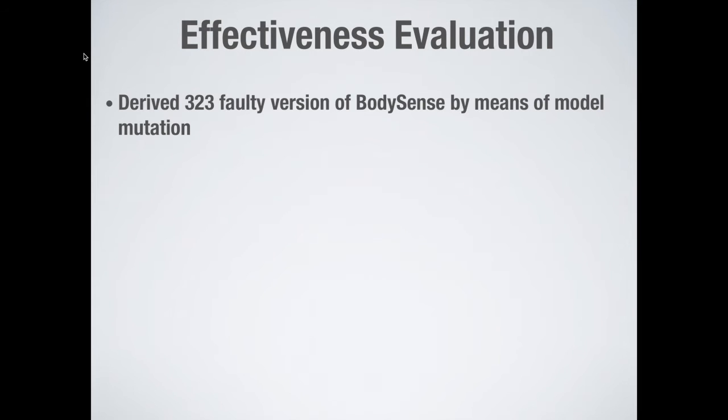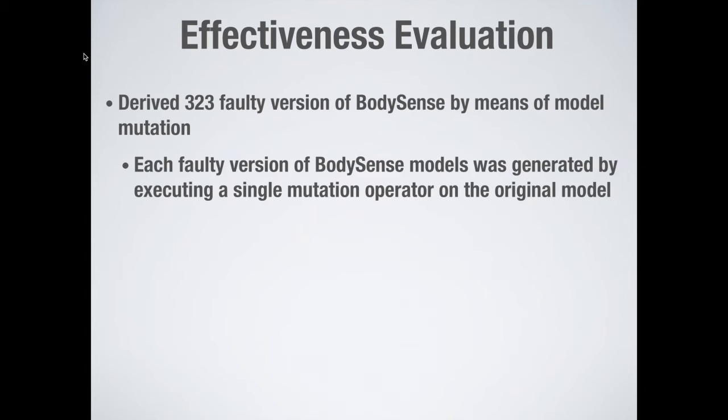In order to evaluate our approach, we first created a set of mutants, which represent the faulty versions of the system. Mutants are created by applying different mutation operators on the original model. The mutation operators considered here are the ones that may impact the timing requirements.